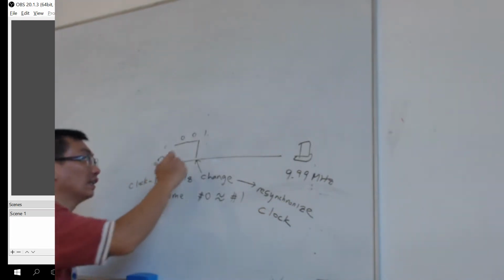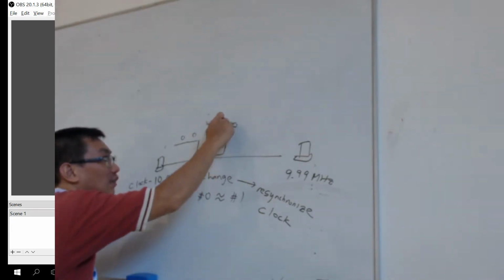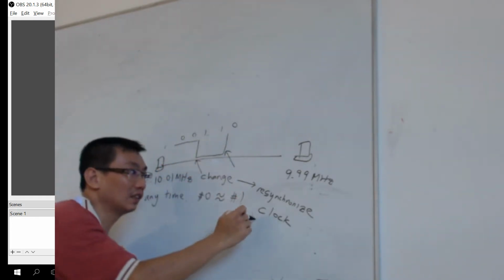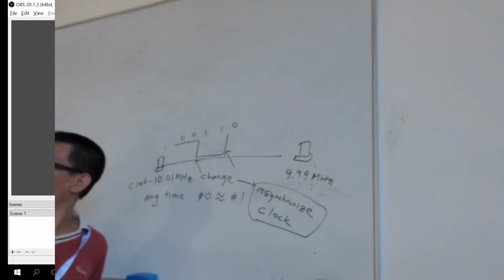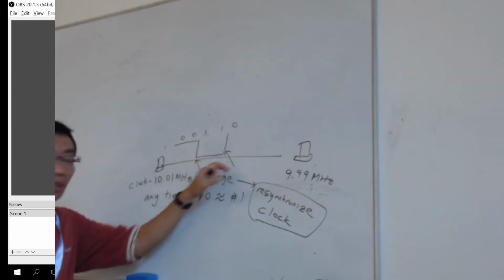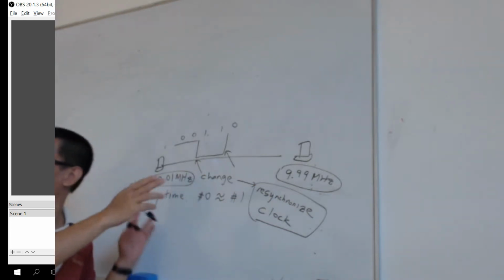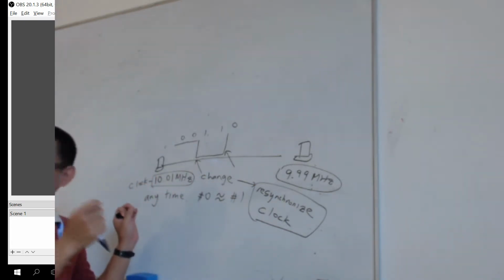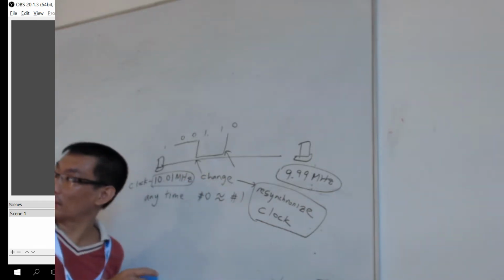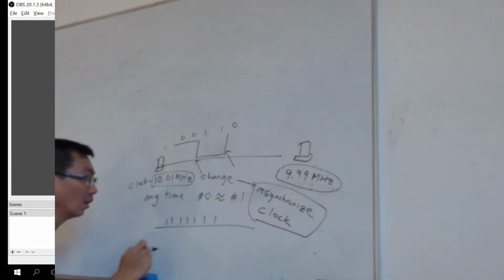Let's say then you have 1, then suddenly you have 0. You have a change here, from 1 to 0, so you can resynchronize your clock. Once you resynchronize your clock, even though your clock is not exactly the same, with some shift, you can still send the signal.